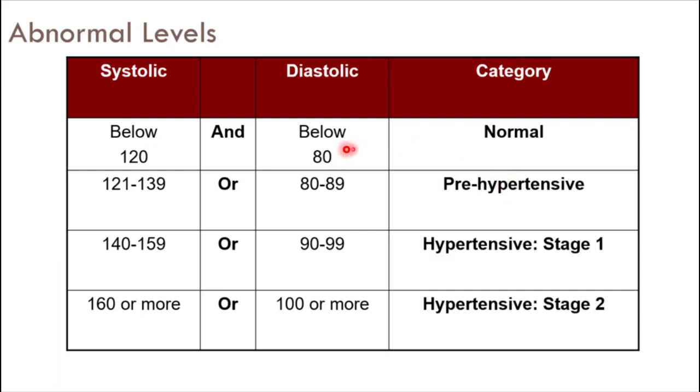You can see here that as we start to go above 120 over 80, like the 120 to 140 and just up to 90, that's considered pre-hypertensive. Now just keep in mind that these readings aren't instant reads where you get one blood pressure reading and that's it. This has to be a trend or a consistent pattern of these blood pressures at these levels for you to end up in these stages. And then you'll see that there's two stages here, stage 1 of hypertensive and stage 2 of hypertensive.